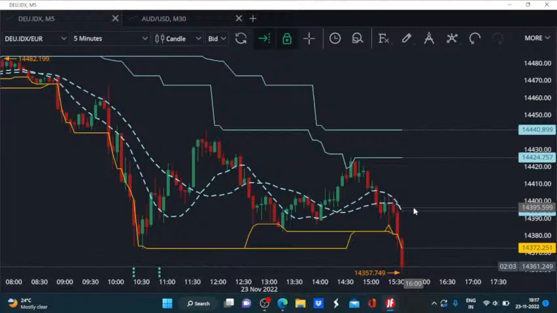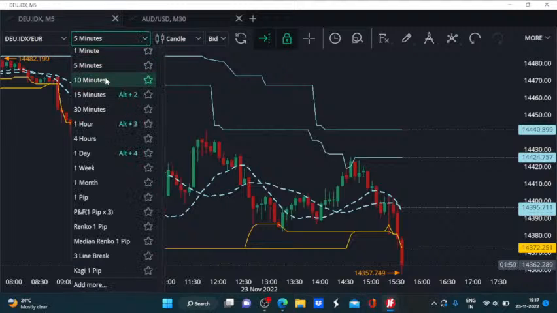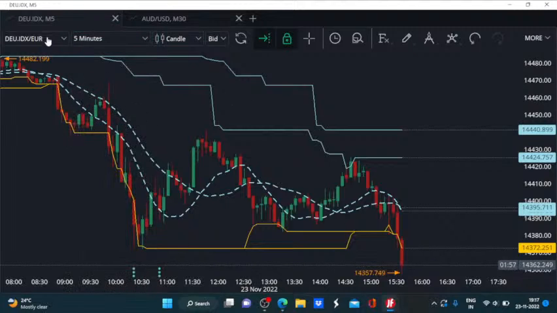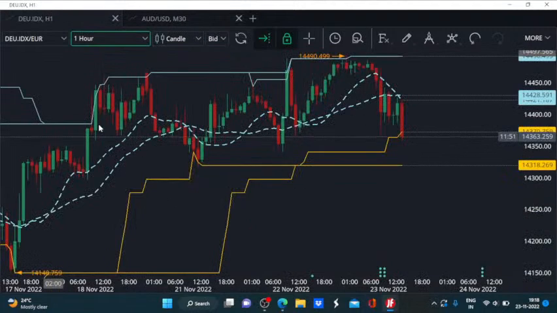But as of now, things are moving in a manner which is making this picture a bit confusing, as we have the support area also in place.